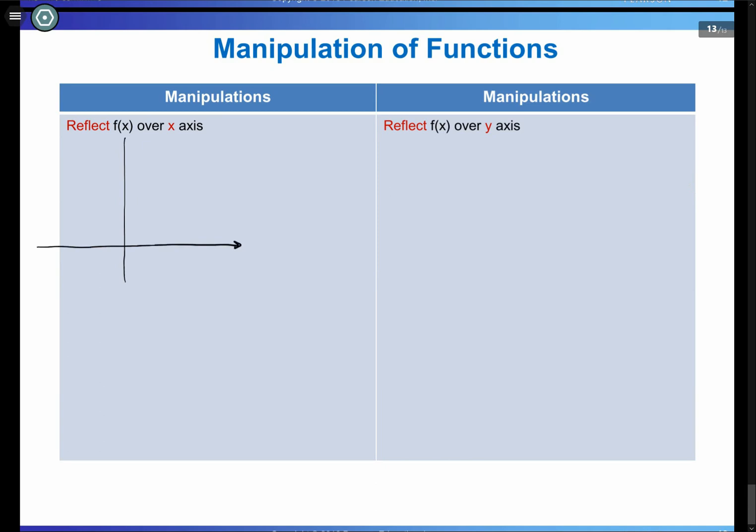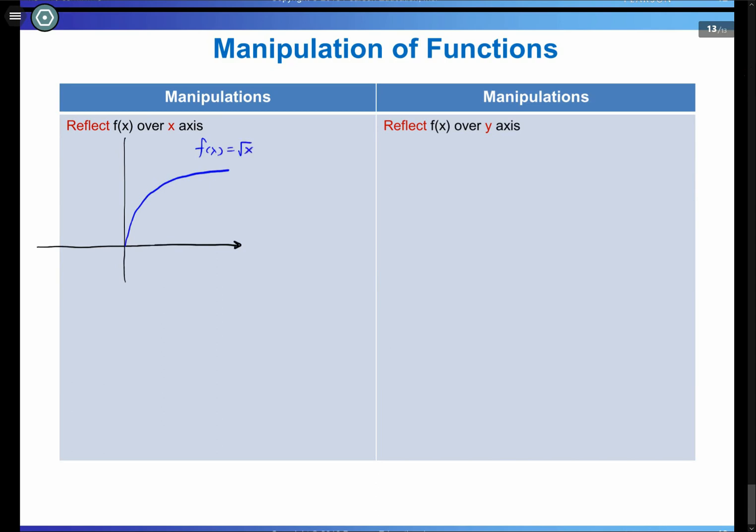Okay, so what about I try to use square root of x? Square root of x is going to be something like this. So we have f(x) right here equal to square root of x.